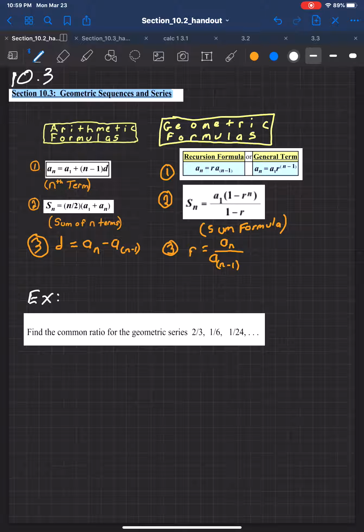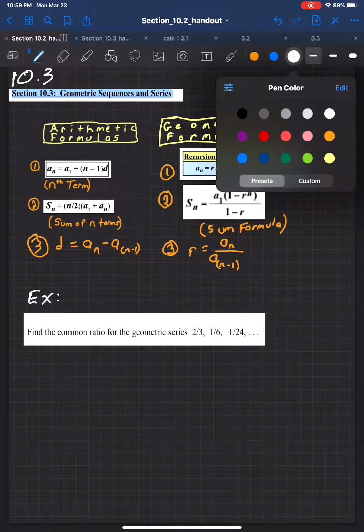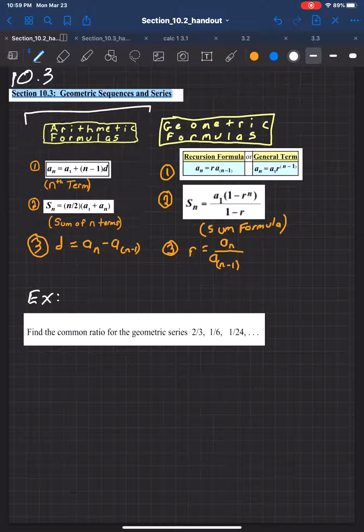Let's jump in to the last section, section 3, chapter 10, geometric sequences and series. All right, so let's start with what we've seen in the previous videos.